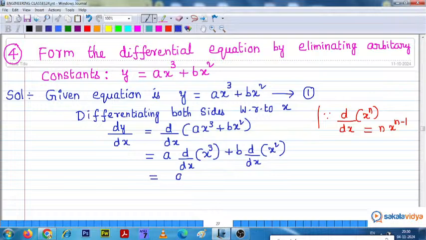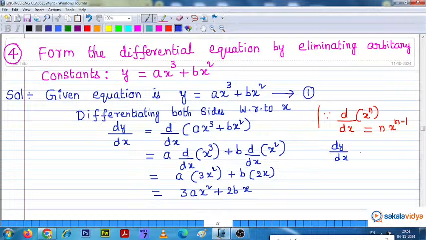So we can write a times x cube, differentiation is 3x to the power of 3 minus 1, that is 2, plus b times 2x. This equals 3ax square plus 2bx. Now this dy by dx we can also write in another notation, y1. So now we have y1 equals 3ax square plus 2bx, say equation 2.